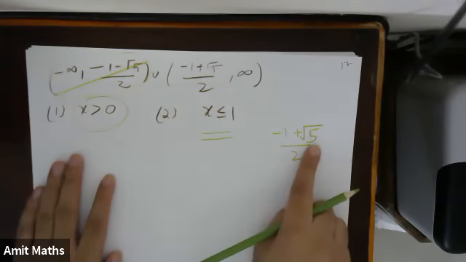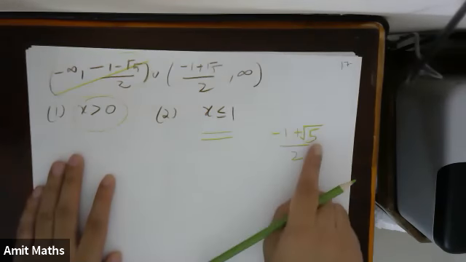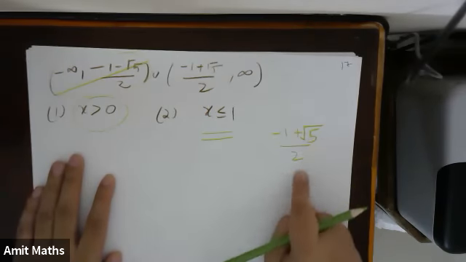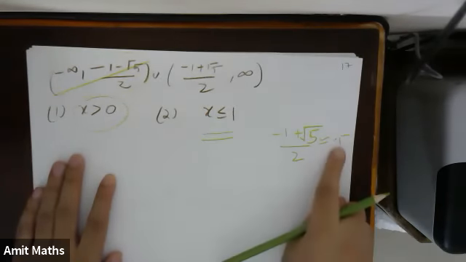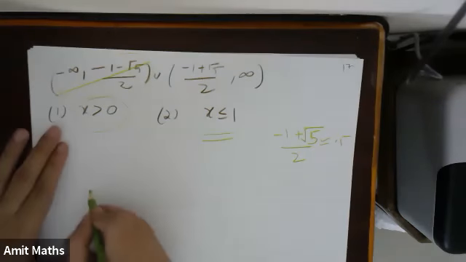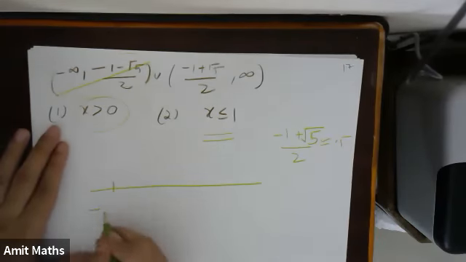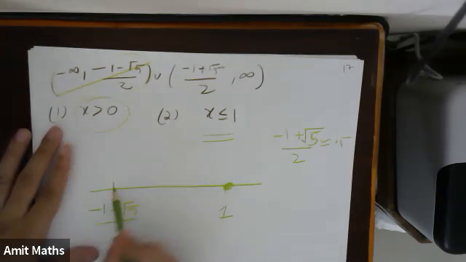Root 5 is approximately 2 point something, 2 point something minus 1 is approximately 1 point something, 1 point something divided by 2, so this is approximately 0.5. So x should be less than or equal to 1 and greater than (minus 1 plus root 5)/2.